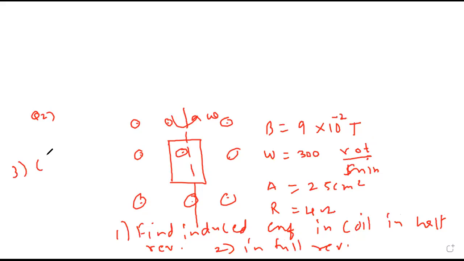Third part, charge flowing in half revolution. Write these three, write the question properly, then I'm explaining the concept. We want induced EMF in half revolution, then in full revolution, then charge flowing in half revolution.